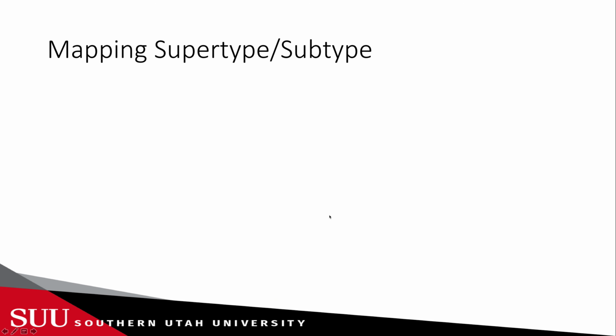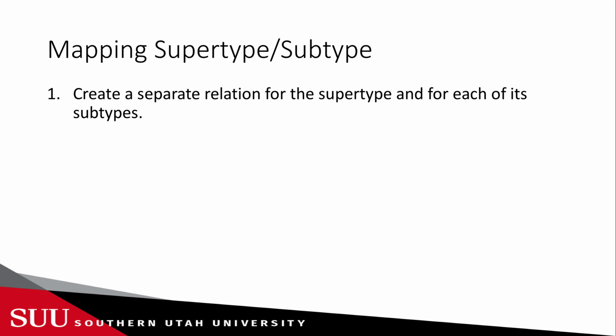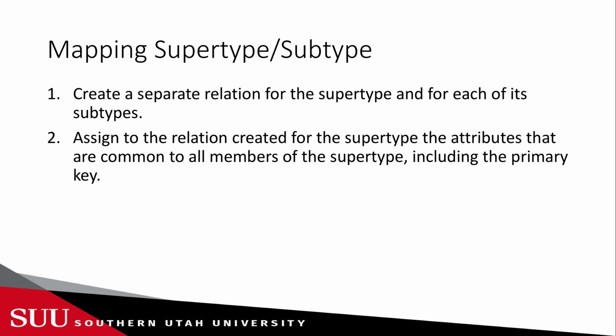Now, last but not least, I want to talk about supertype and subtype relationship mapping. So the rule is to create a separate relation for the supertype and for each one of its subtypes. And then we will assign to the relation created for the supertype the attributes that are common in all the members, including the primary key.